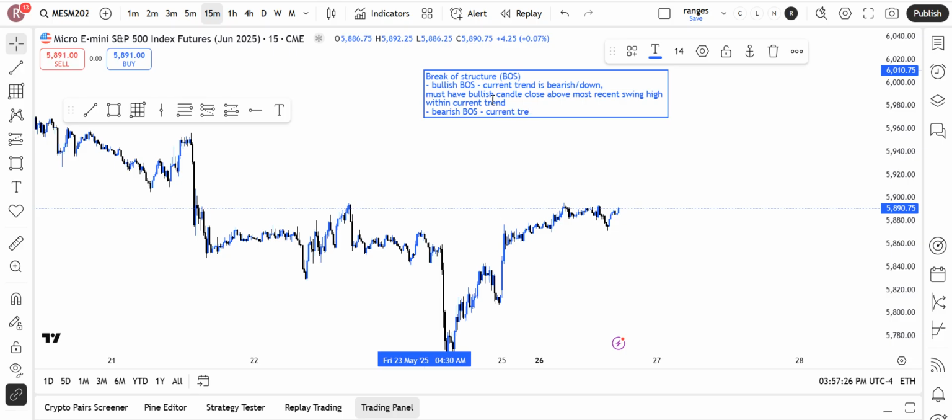Current trend is bullish, must have a bearish candle body close below the most recent swing low within the current trend.